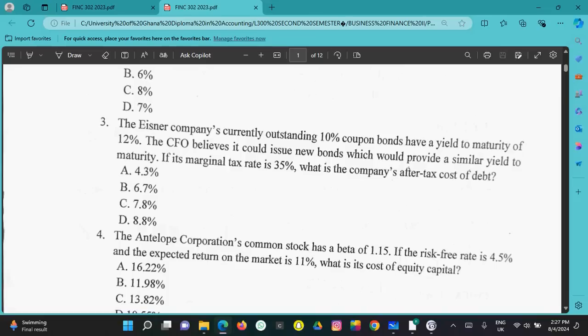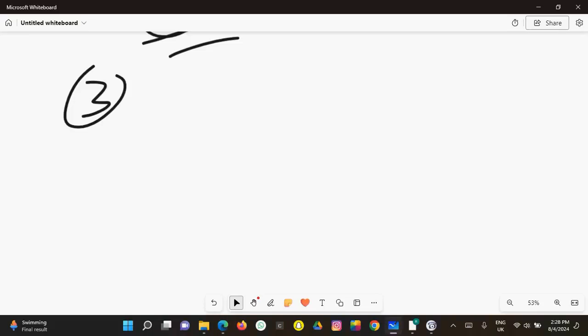The CFO believes it could issue new bonds which provide a similar yield to maturity. If its marginal tax rate is 35%, what is the company's after-tax cost of debt? So we are now looking for the cost of debt after tax.